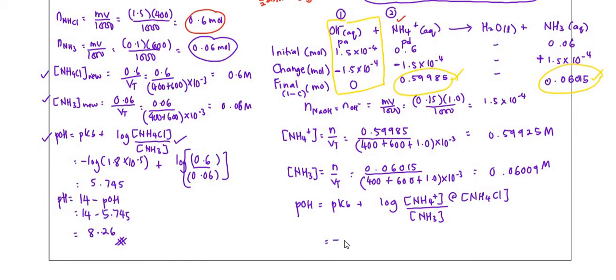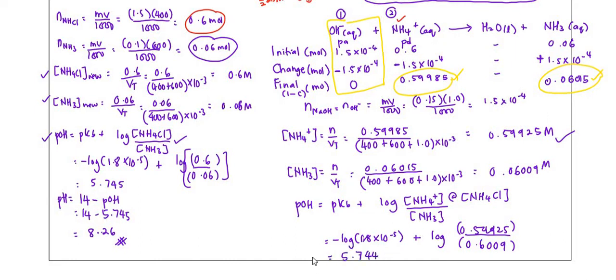So pKb negative log Kb, 1 exponent negative 5, plus log concentration ammonium yang ini, okay, 0.59925 over 0.6009. You get 5.744.